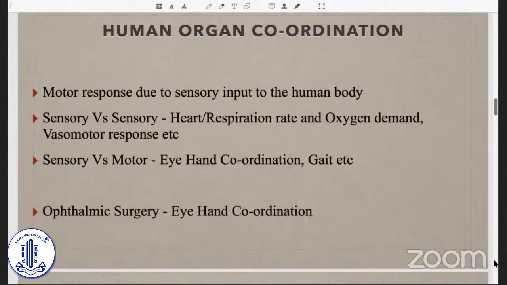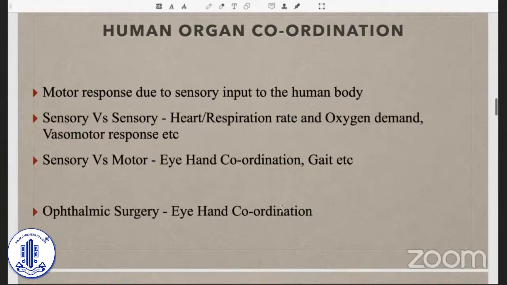Before going to how it is different from our microsurgery, we should know a little bit of basics about human coordination. It is called the motor response due to sensory input to the human body, because our body parts move in response to sensory inputs, so it needs to be coordinated. It can be sensory to sensory coordination or sensory to motor coordination.